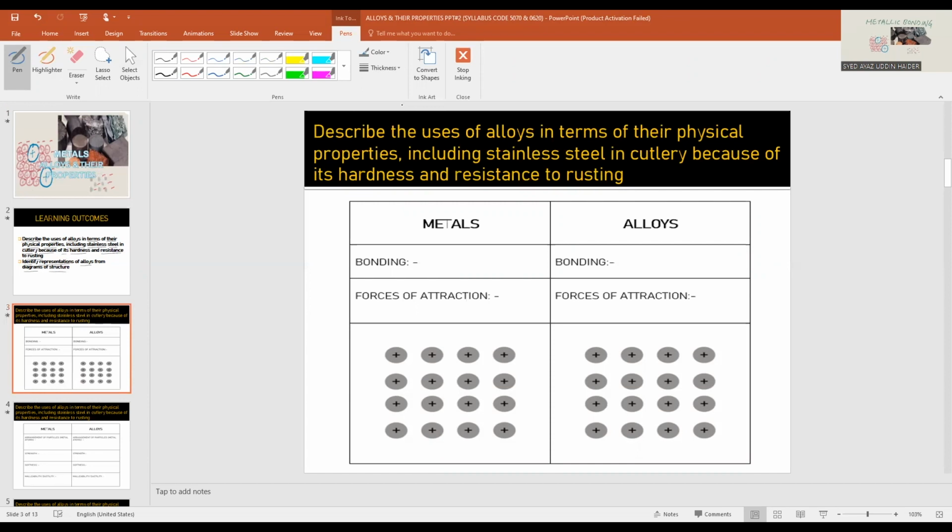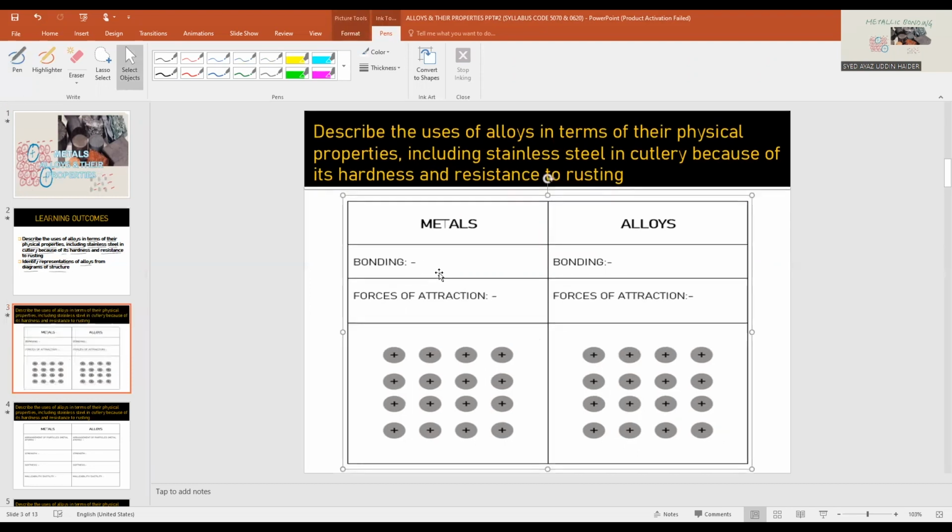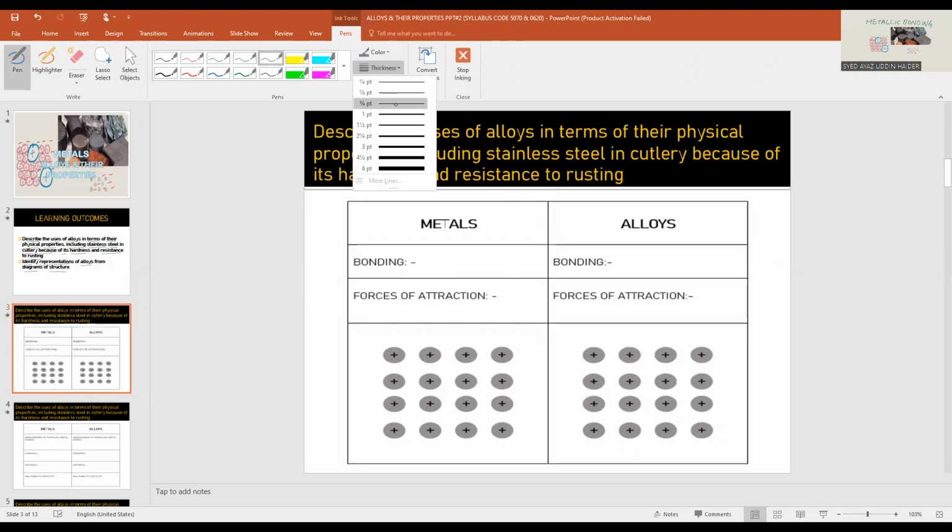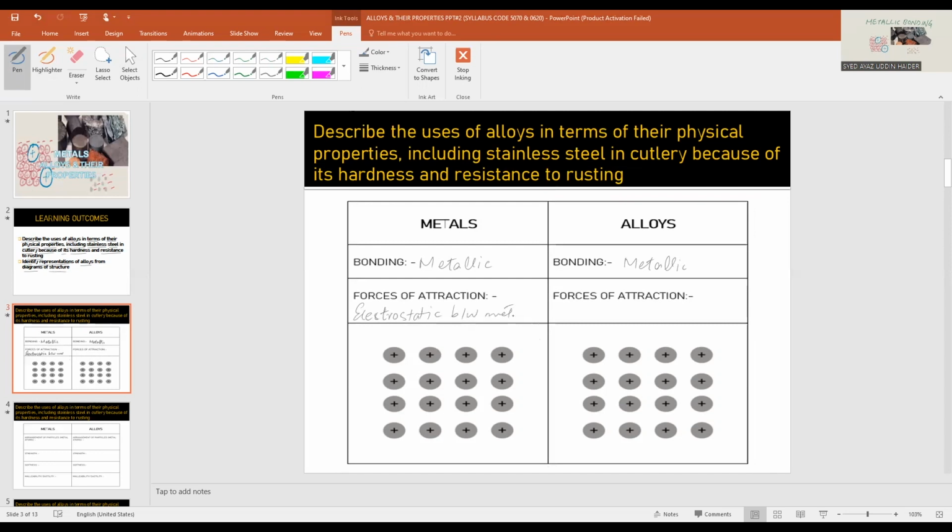So it's electrostatic attraction. Bonding: metallic. Force of attraction: electrostatic, between metal cations and mobile electrons.